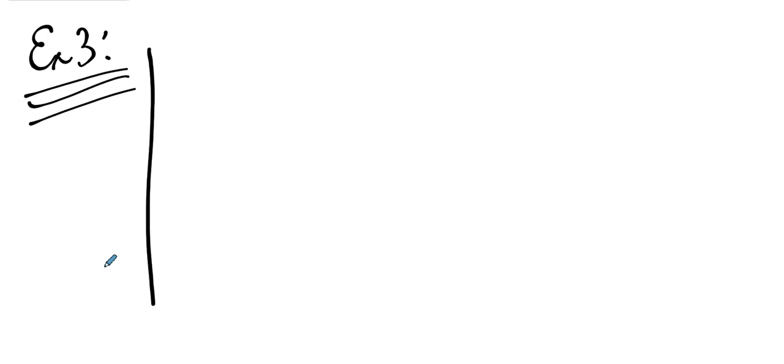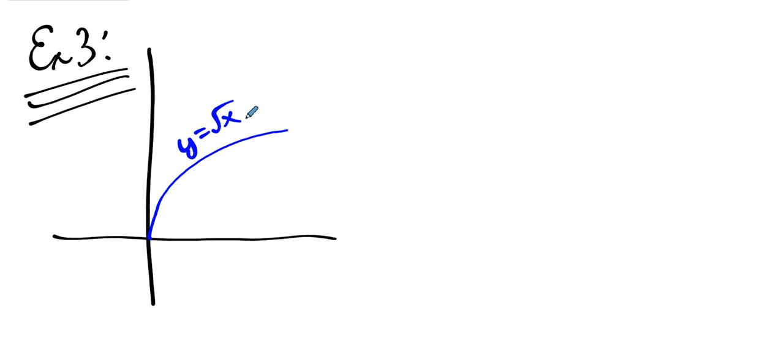And in example 3, we have y equals radical x and y equals x. This is the region R between them. We're going to take that region and revolve it about the x-axis.